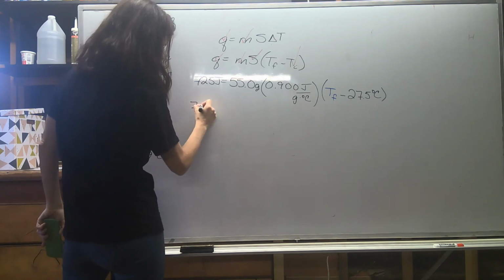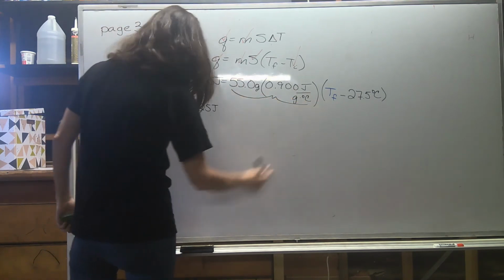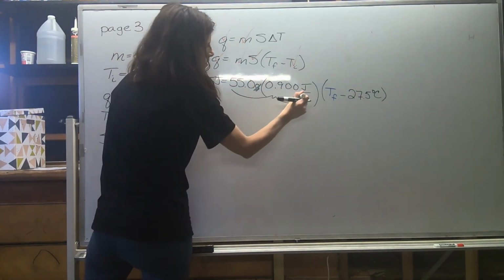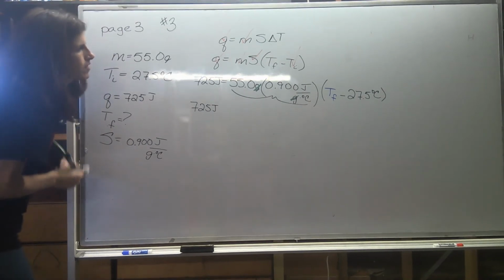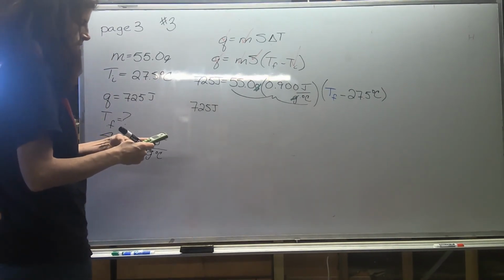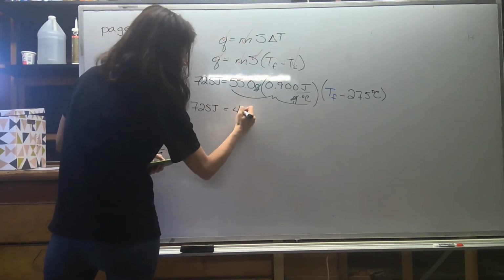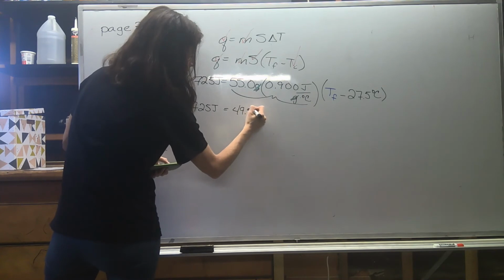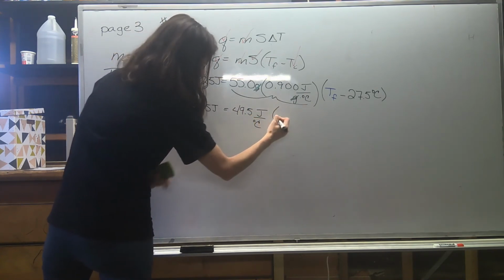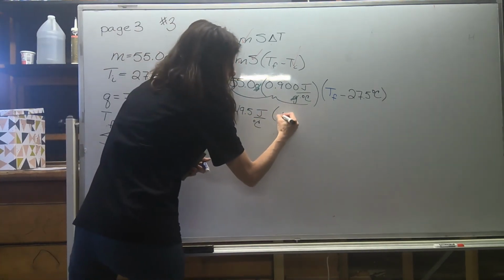So we're going to have 725 joules, multiply these, and also when I multiply them, the grams goes away. So grams is going to cancel grams. So 55 times 0.9, and I get 49.5. And then we still have T final minus 27.5.